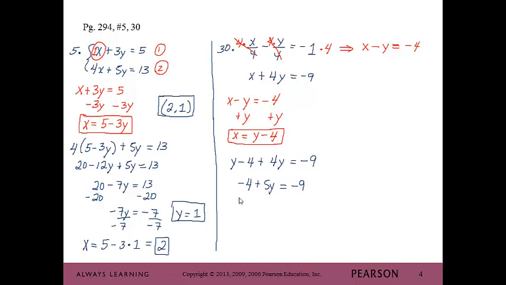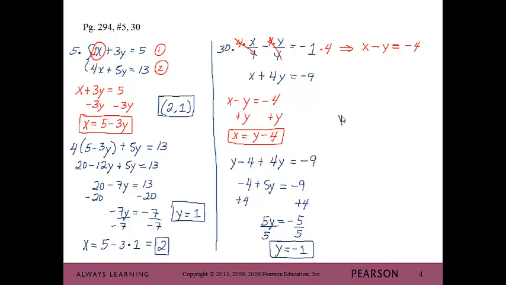Now we're going to solve for y, so add 4 on both sides. And we get 5y equals negative 5. And then divide both sides by 5, and we get y equals negative 1. Now we're going to find x using this equation, x equals y minus 4.